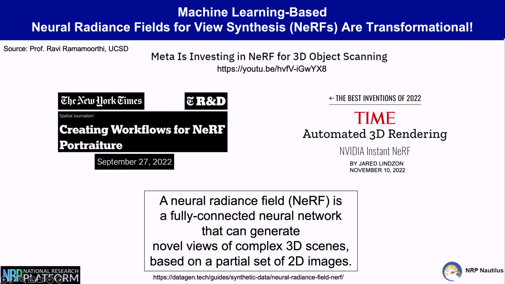Mark Zuckerberg mentioned it in one of the Meta keynotes for 3D object scanning. Time magazine listed a subsequent work which made it really fast, that I'll show in a moment, as one of the top 200 inventions in 2022. And so in a number of different applications, these techniques are being used.